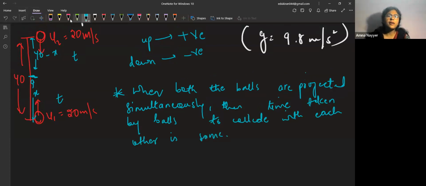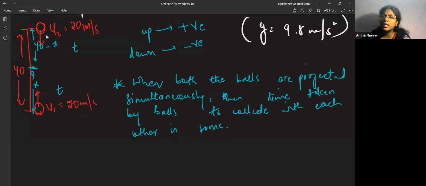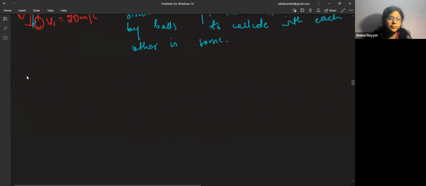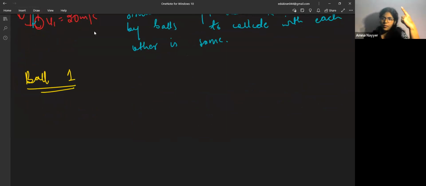That's it. Now we have to form equations for both the balls. Let's talk about one particular ball, let's say ball 1. Upwards is positive, downwards is negative. This is the sign convention that we have decided.